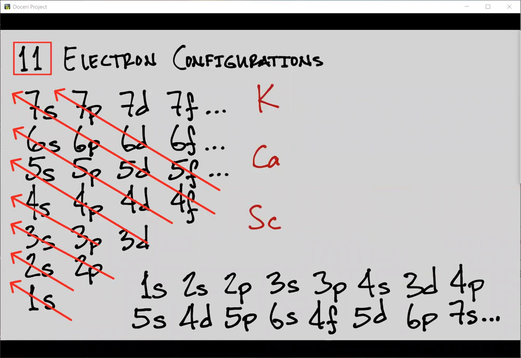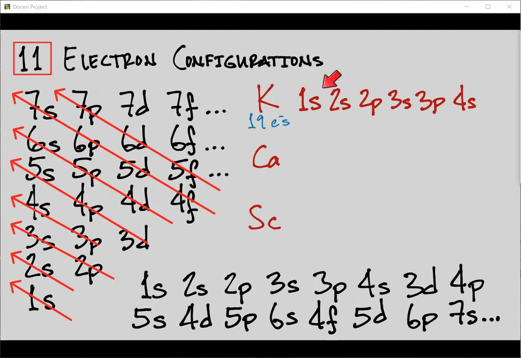identify how many electrons you have for potassium, there's a total of 19 electrons. And so you have to distribute all 19 electrons by writing out the electron configuration. So we have the 1s, 2s, 2p, all the way to 4s. And then we're going to distribute all 19 electrons.